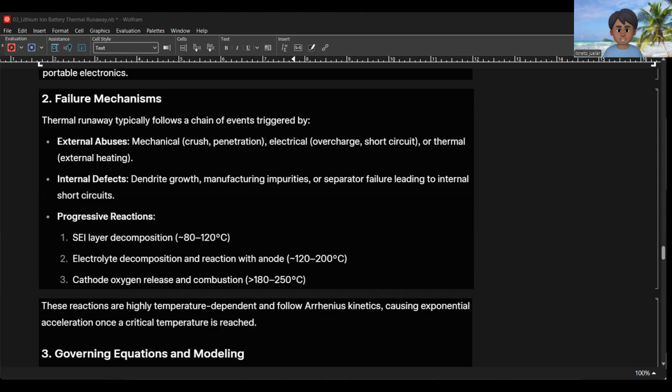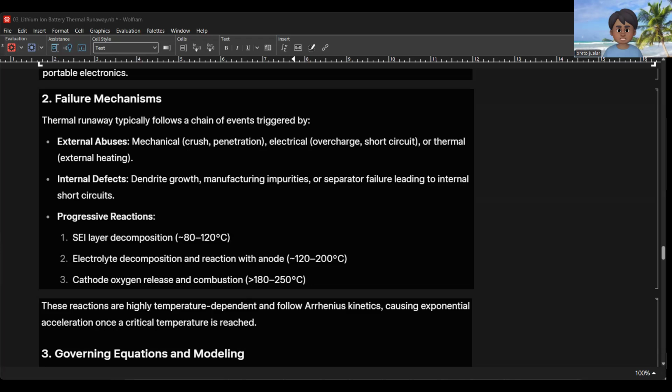Now, for the failure mechanisms, thermal runaway is initiated by external abuse, mechanical damage, overcharging, short circuit, or overheating, or internal defects, dendrite growth, manufacturing flaws, or separator failure.